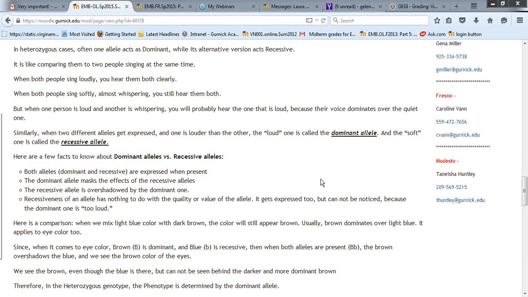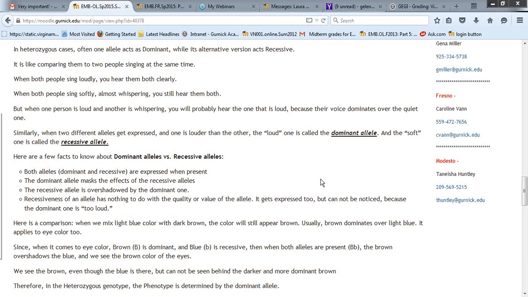If the dominant allele is present at the same time as a recessive, you will see the dominant being expressed, you will not see the recessive being expressed necessarily, because dominant is way louder than the recessive. Okay, so I'm giving an example here that if you have two people in the room and both are whispering, you'll probably hear them both.